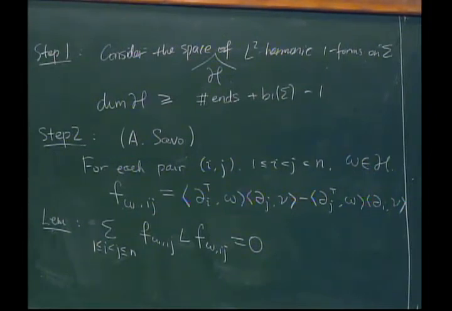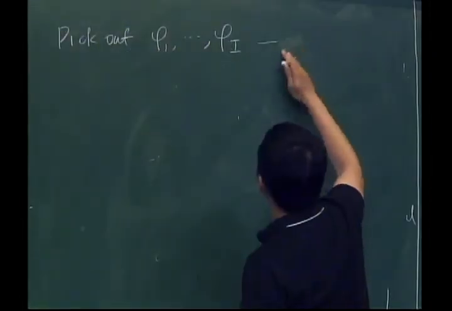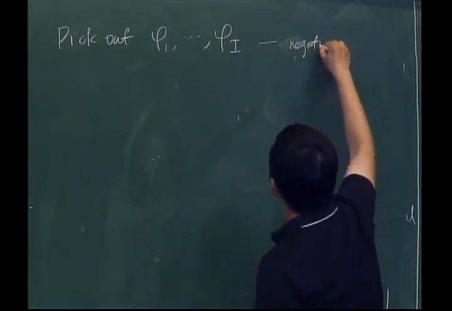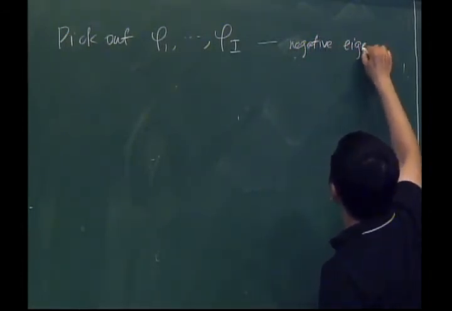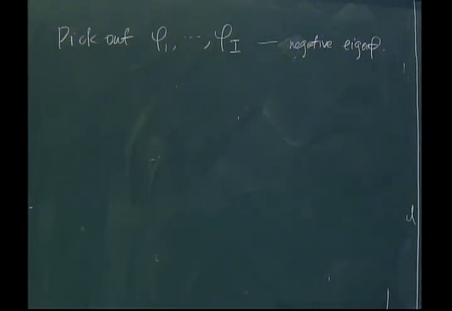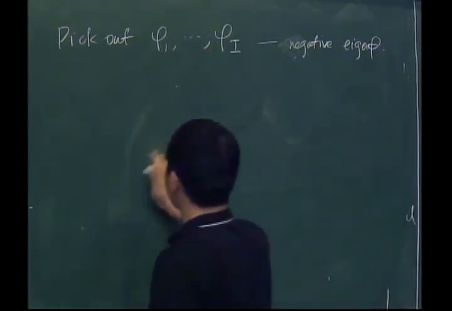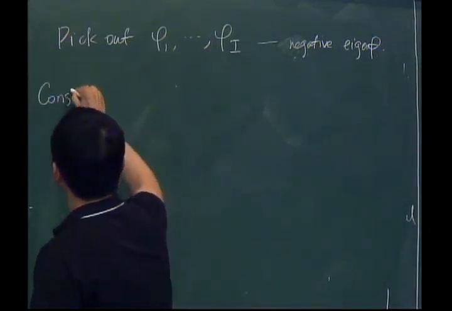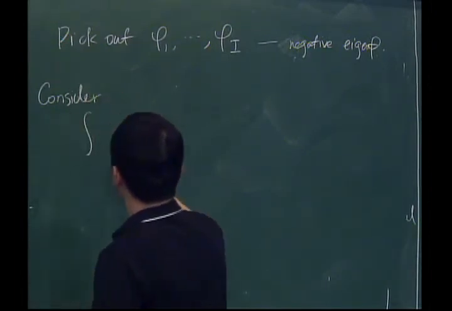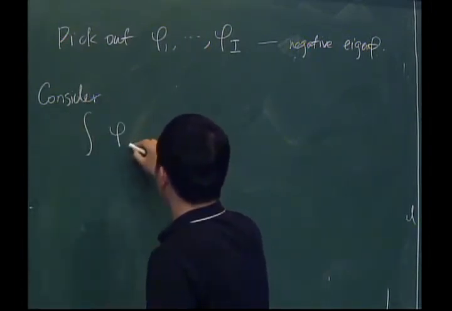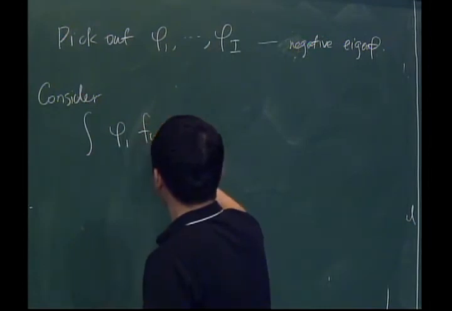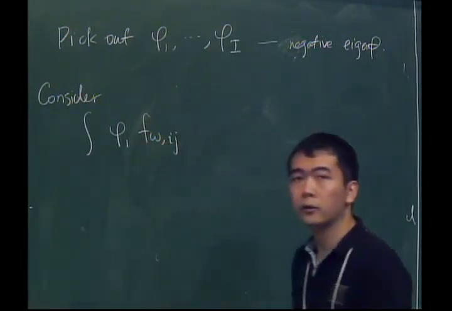What we do is pick out all the negative eigenfunctions, then consider the linear system, namely you want the test function to be L2 orthogonal to each of them.